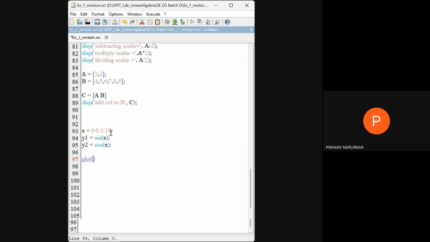Plot x y1 and red color. Then we have x y2 and blue.